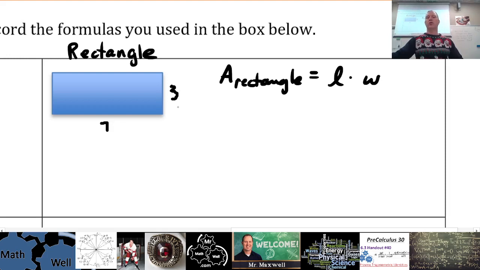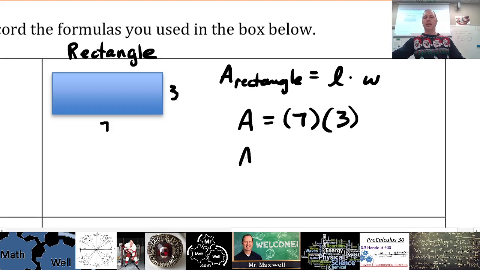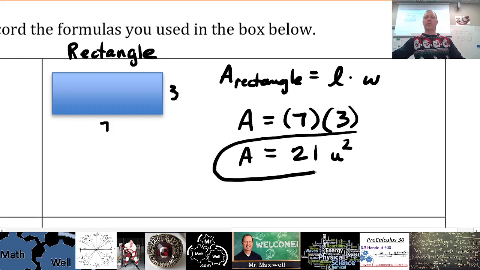The width is usually the shorter side. But technically, it doesn't matter which one you apply to the width. But usually, we say the long side is the length. So the area for this particular rectangle would be the length of 7 units times the width of 3. It really doesn't get too much easier than this. This is 21, and I don't know what the units are, so we'll say units squared again.